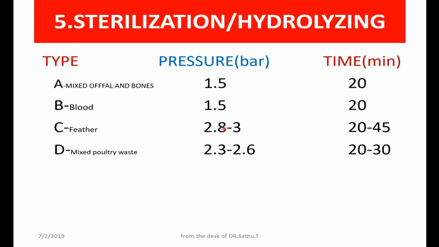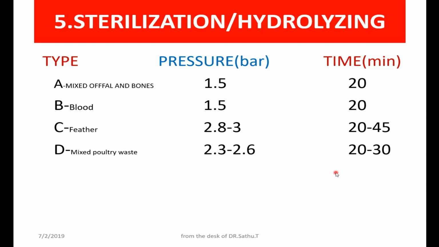So we will be subjecting it to around 2.8 to 3 bar pressure and keep it for around 20 to 45 minutes. Our experience shows that if you keep it for around 40 minutes, it will get hydrolyzed. And if you are going for mixed poultry waste, then the pressure should be around 2.3 to 2.6 bar, and the time that you keep is around 20 to 30 minutes.